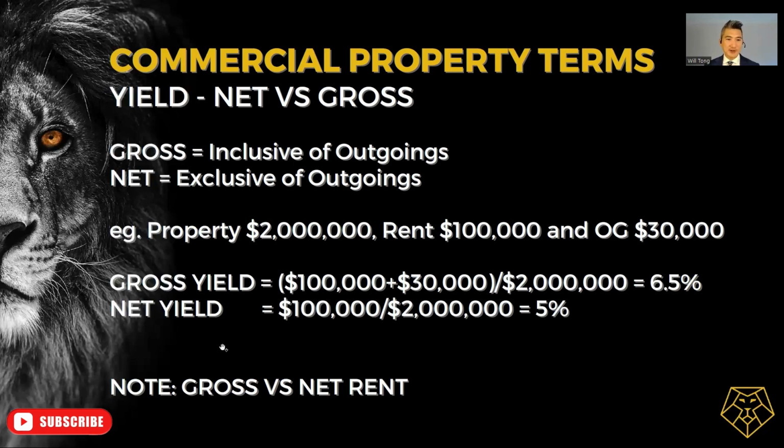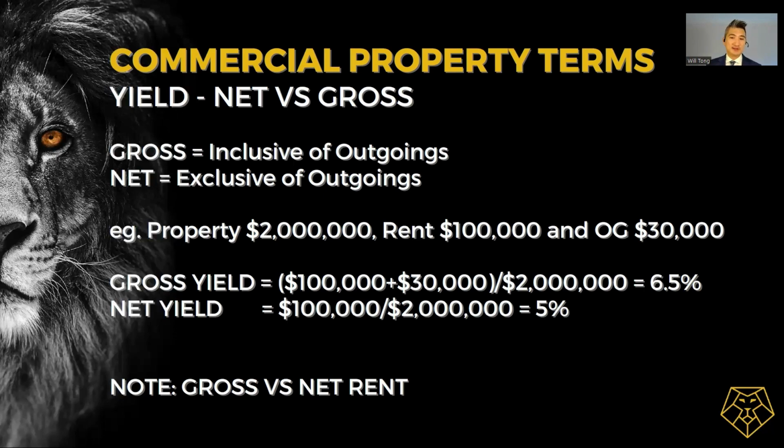Now, as a side note, it's also important to understand the difference between a gross rent agreement and a net rent agreement. Now, a lot of investors are led to believe that the tenants, commercial tenants, pay all the outgoings on behalf of the landlord. Now, that is true in most cases, but in some cases, that is not true.